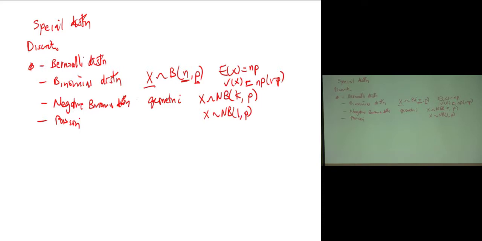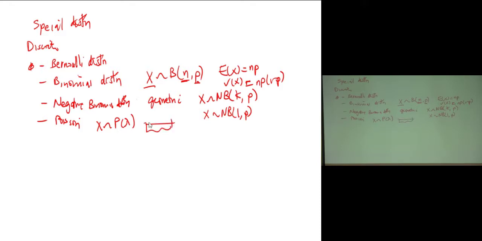And Poisson also measures the number of successes, but not in n trials. Instead, it is the number of successes within a fixed interval, or fixed area, fixed region, or fixed volume.